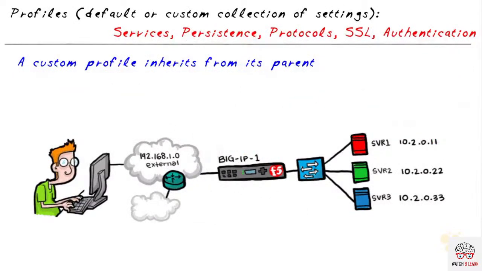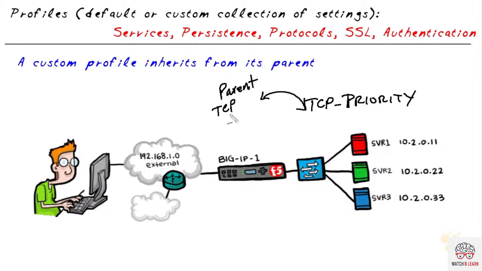So what I thought would be fun as a demonstration is this. Let's create a custom TCP profile and let's call it TCP priority. And as a parent, we'll refer back to the parent TCP default profile.